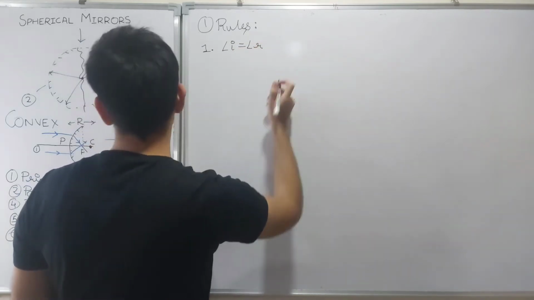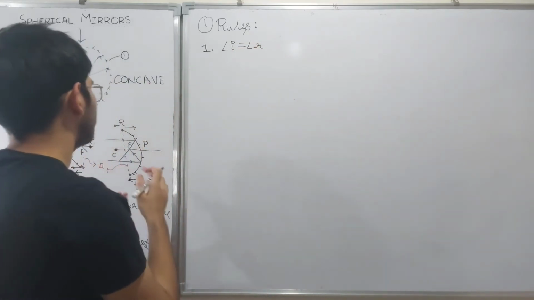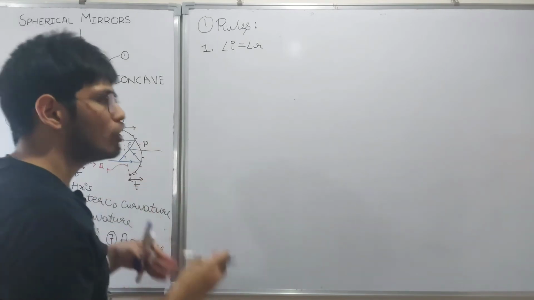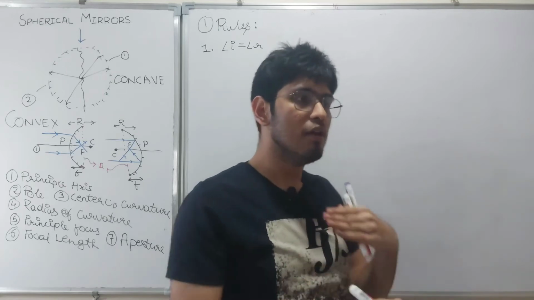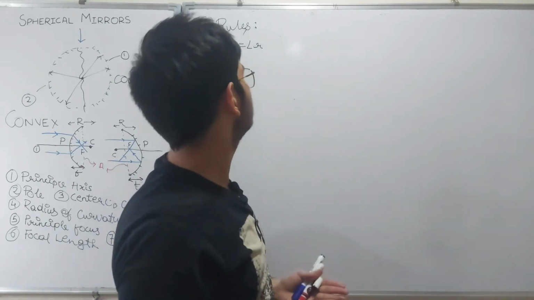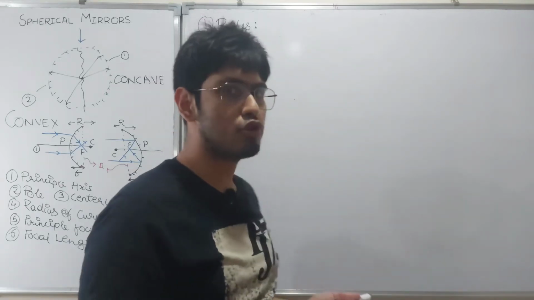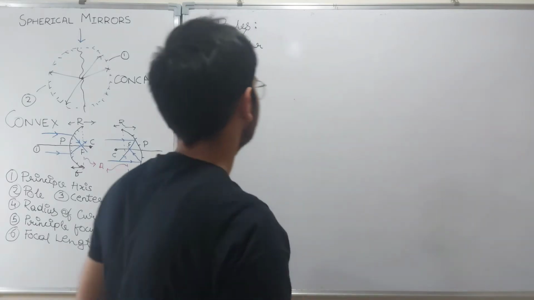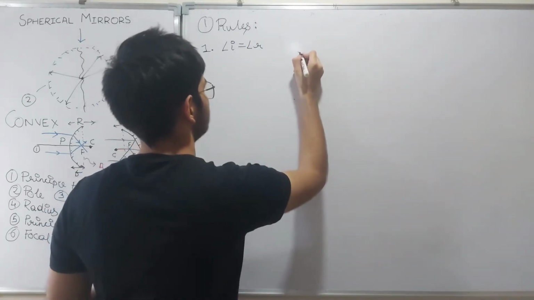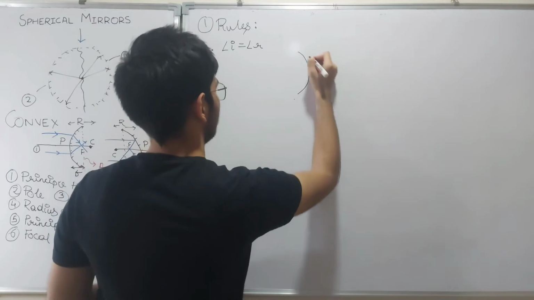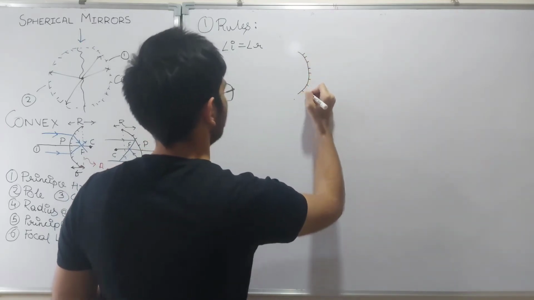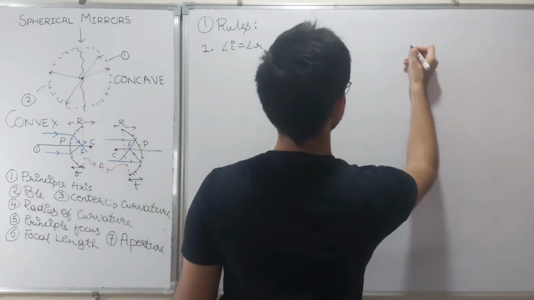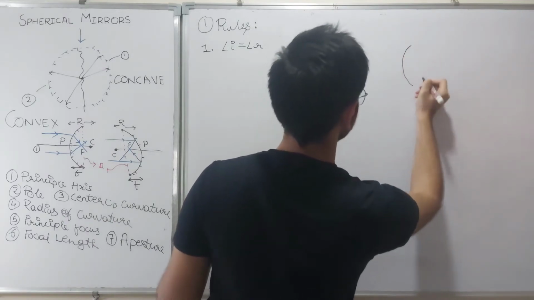Suppose that I am just considering the case of the concave mirror only. For the convex mirror also, the same thing is there. I think I should consider both of them so that there is no confusion. So suppose that this is a concave mirror, and suppose that here we are drawing a convex mirror.